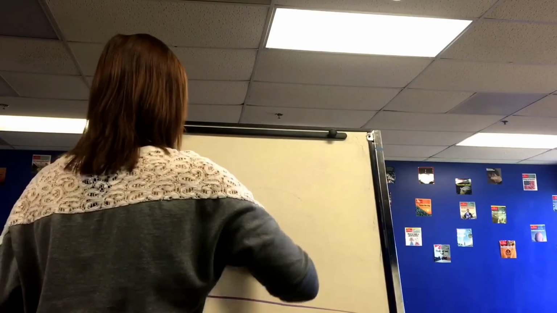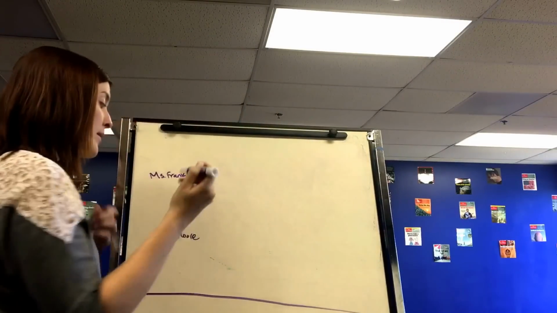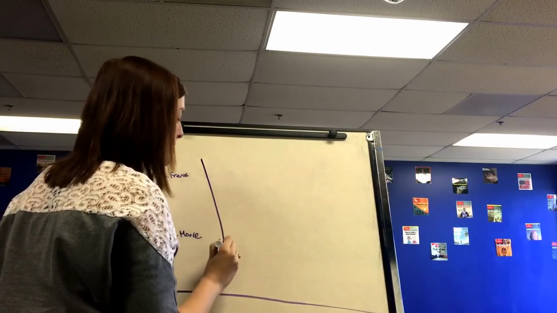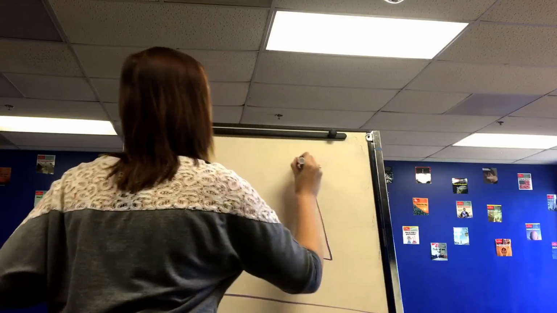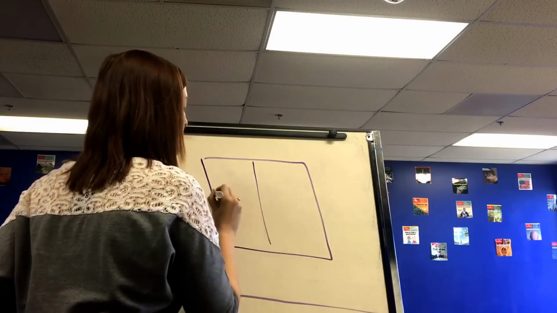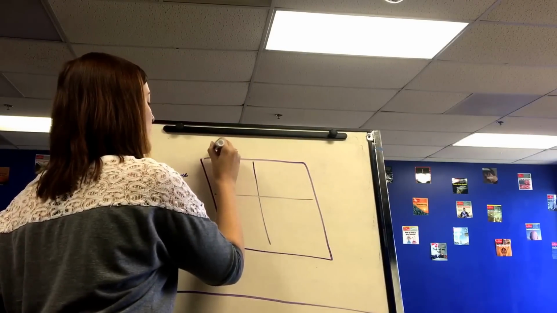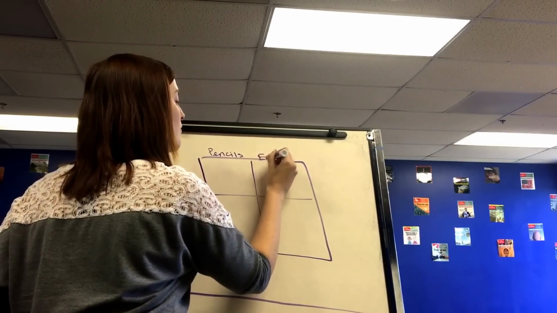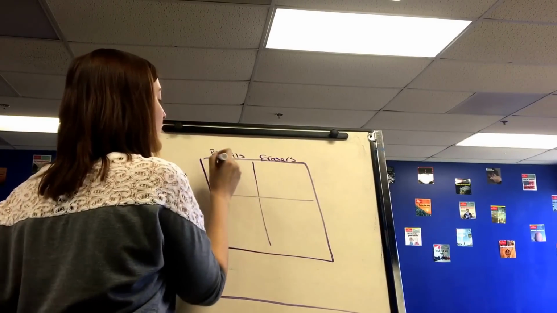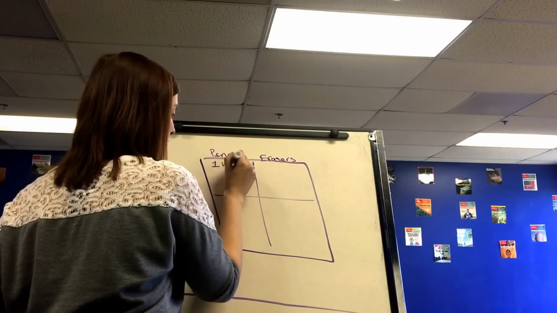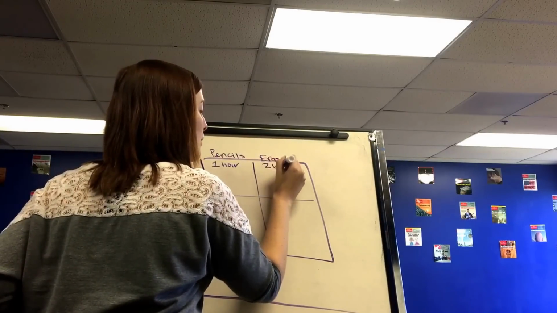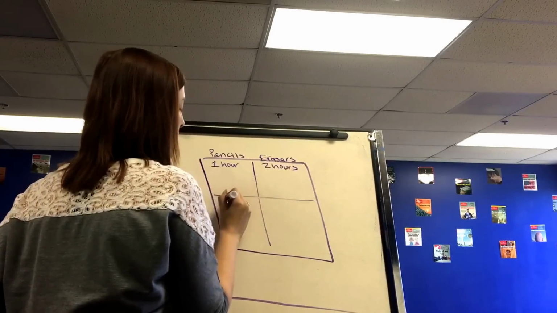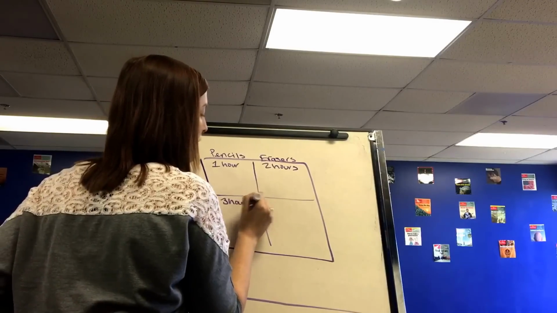So you set up the chart the same exact way, except now it's going to be changing resources instead of changing output. So I'm going to do the same example with pencils and erasers, but it's going to be in 1 hour or in 2 hours, 3 hours, 4 hours.